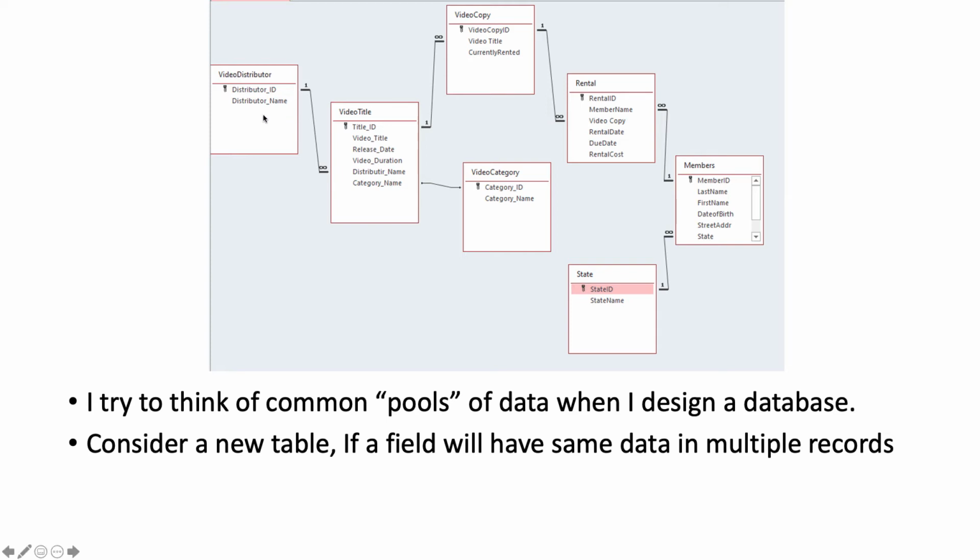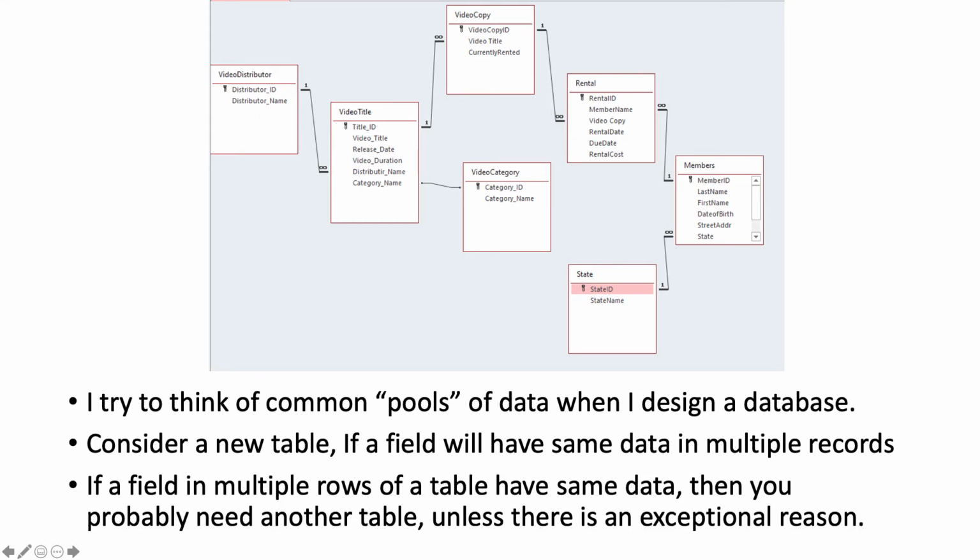So you want to put the video distributor's telephone number over here. All right, another way to say that is if a field is in multiple rows of a table, has exactly the same data, then you probably need another table, unless there's an exceptional reason. And all broad generalizations are false. Therefore, this is a false statement.